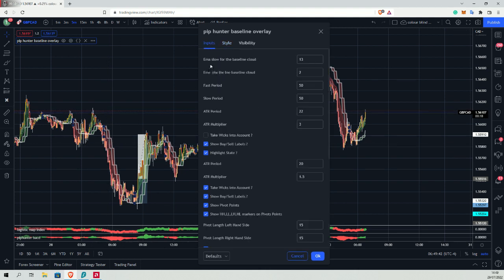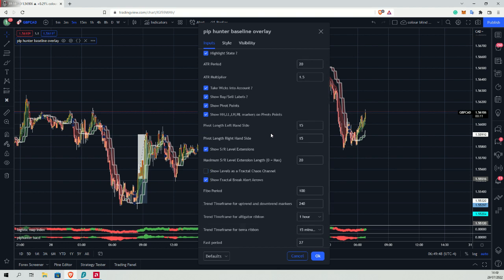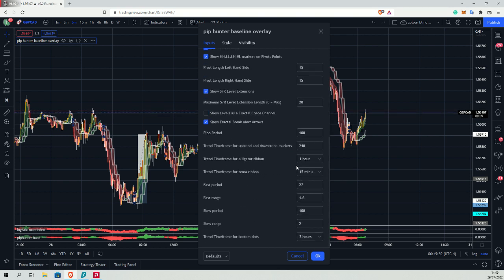In the settings, you can see that EMA slow I have set to 13 and EMA fast I have set to 2. And then most of this is standard until we get down here, where you'll see that the trend time frame for the team ribbon is set to 15 minutes. And that's all for baseline overlay.